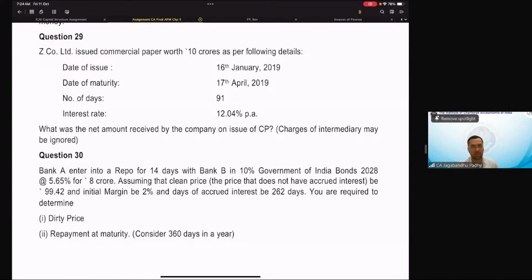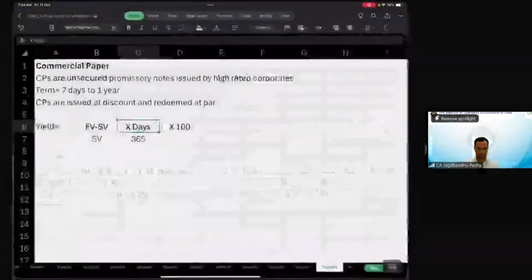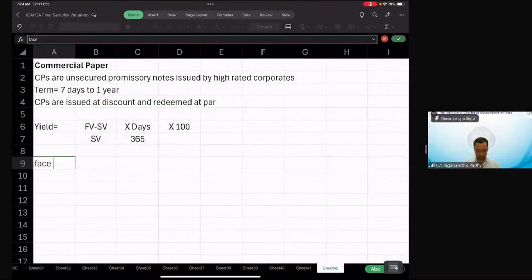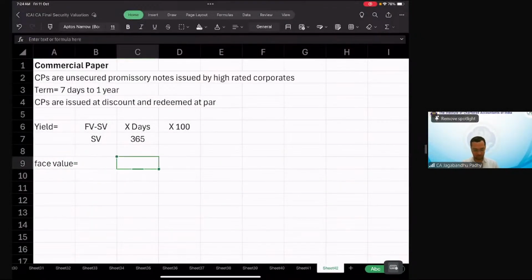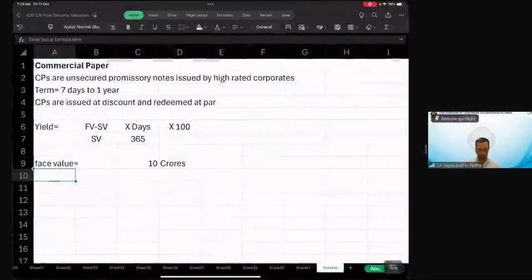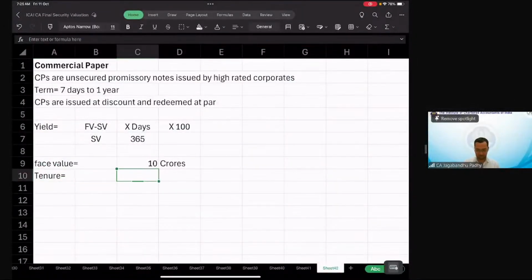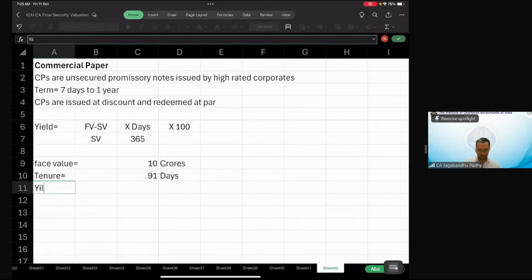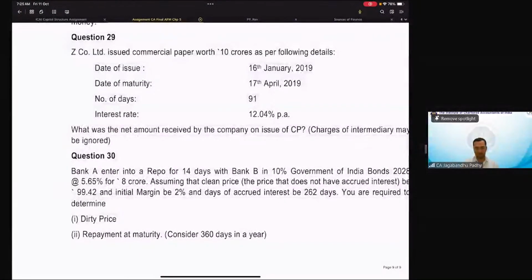So let's do it on these lines, where we have certain parameters: face value is 10 crores, tenure is 91 days, and the rate of interest, or yield, is given to us as 12.04%.